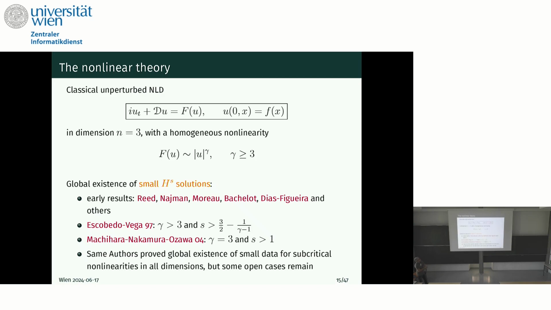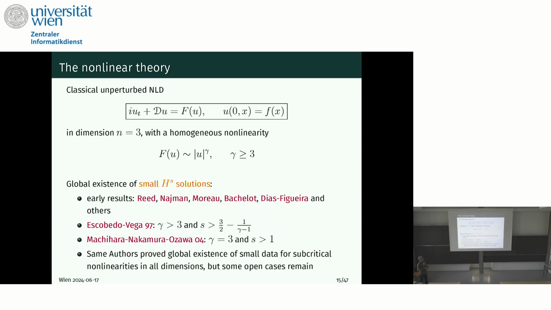Already for the nonlinear Dirac equation, this is just a quick synopsis of some of the results. It's not a complete picture, but just to get some ideas. It is very natural to consider this equation, but let me say up front, there is no result for large data available yet.